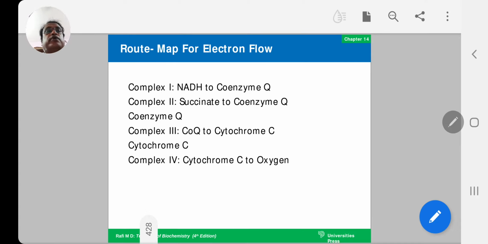Now, flow of electrons from succinate to coenzyme Q. Succinate dehydrogenase, the citric acid cycle enzyme, is part of complex 2.